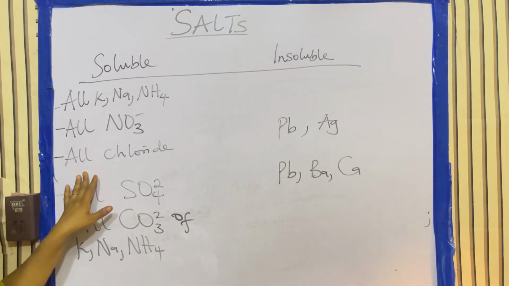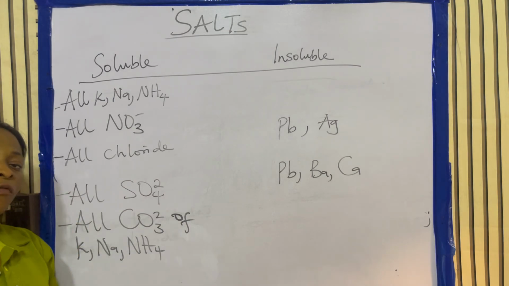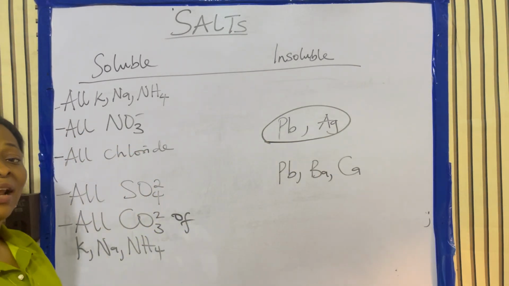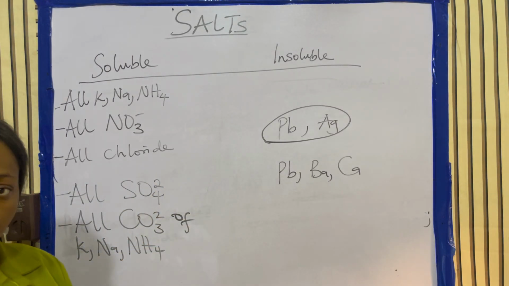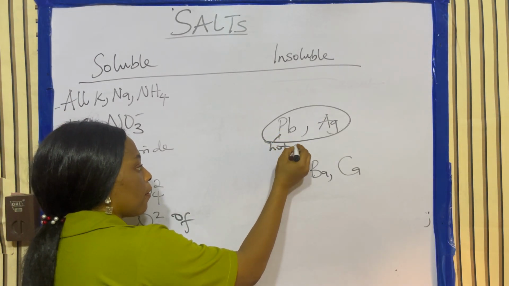Now, for chlorides, all chlorides are soluble with the exception of two salts, lead and silver. So that means that lead 2 chloride and silver 1 chloride are insoluble, although lead chloride is soluble in hot water.